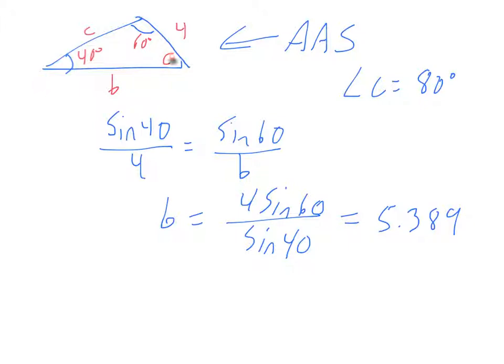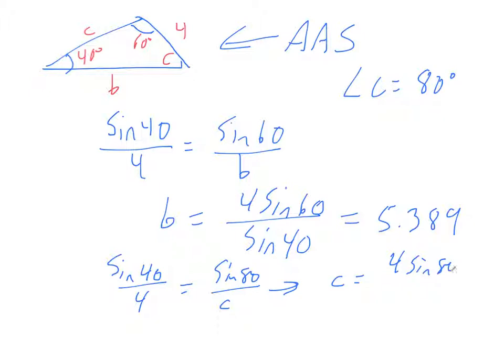So we have to use law of sines now that we have angle C to solve for side C as well. So we'll do sine of 40 over 4 will be equal to sine of 80 over C, and so C will equal 4 sine 80 over sine 40, if I go ahead and solve for C. And so C will be approximately equal to 6.128, right?